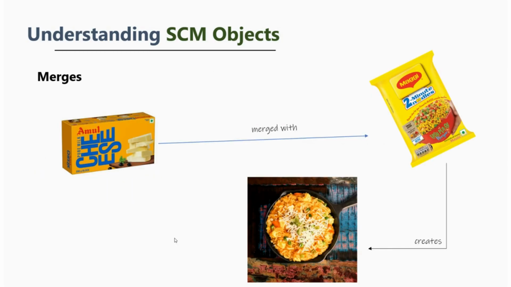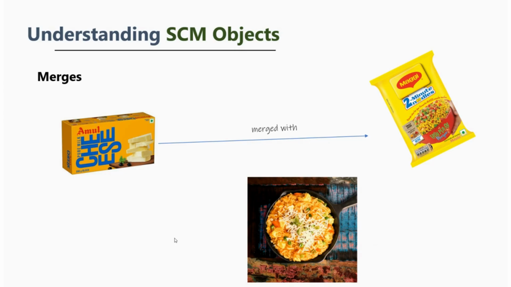Now, the next important SCM object, or let us call it an SCM phenomenon, we can talk about is merges. I know I had given a very poor example before when we talked about erasers and pencils. That is a silly example to make, but I have come up with another example which can seem a little less silly. So probably let's try to understand merges using this diagram. Suppose you've got a packet of cheese in your first compartment and a packet of Maggi noodles in the second compartment.